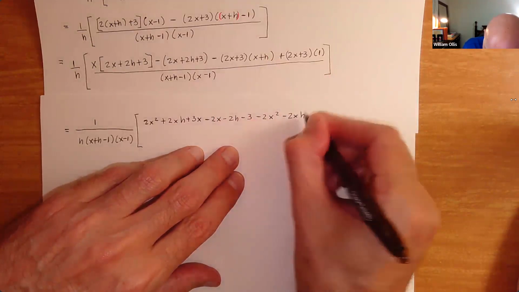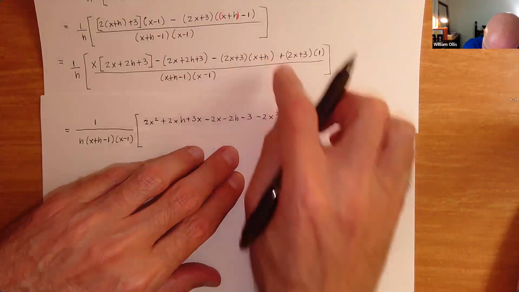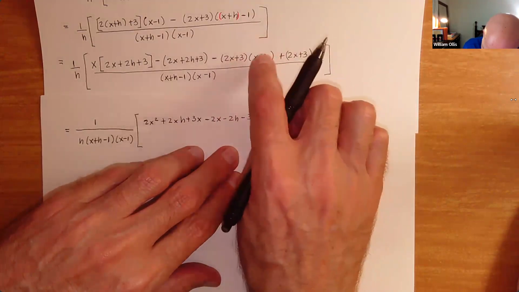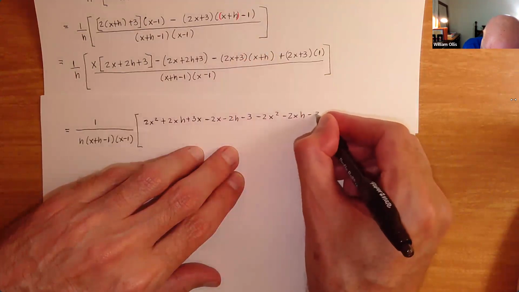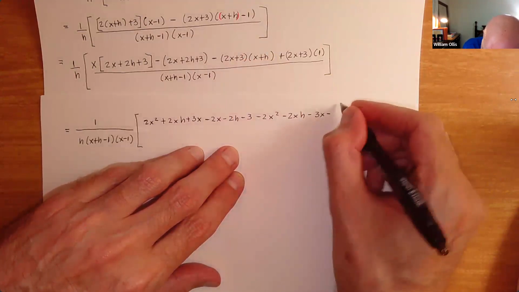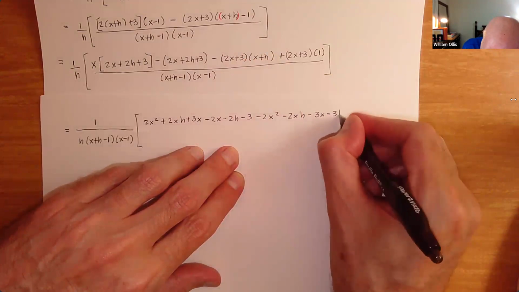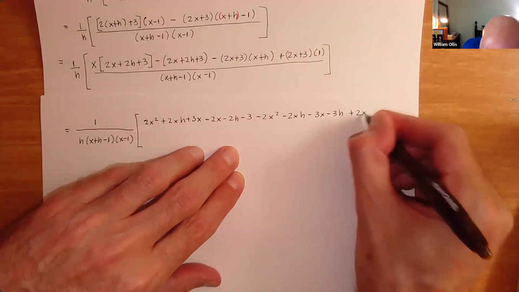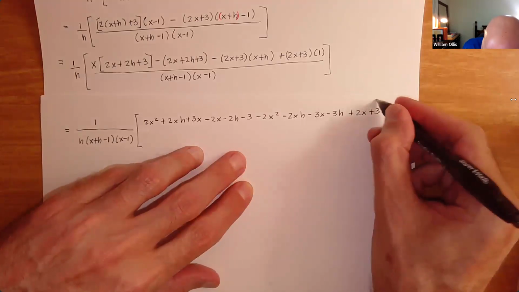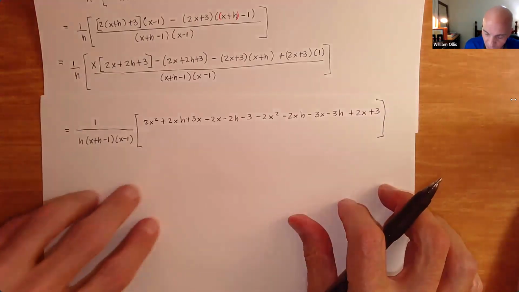So multiply the 2x times the x and the h with the negative sign, and then now multiply the 3 times the x and the h. So we have minus 3x minus 3h. And then, of course, we just got the 1 there. So plus 2x plus 3. So we don't need another division line.